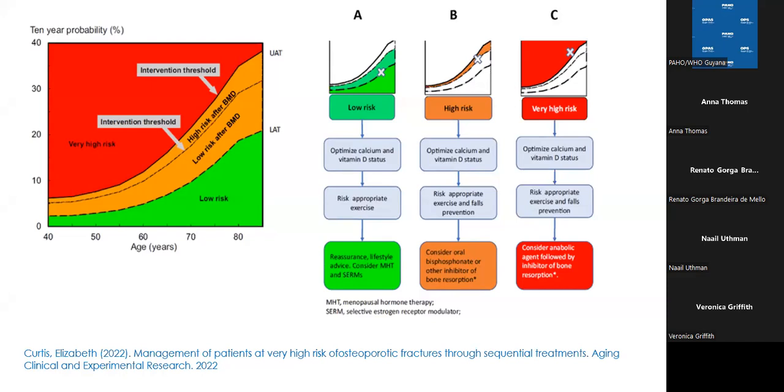So this scenario of assessment must be included in the primary healthcare setting.